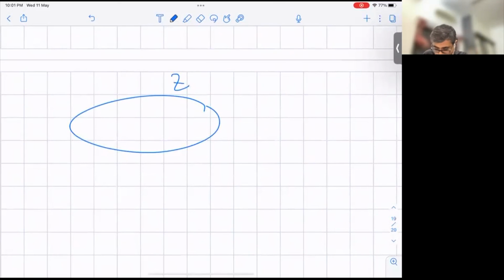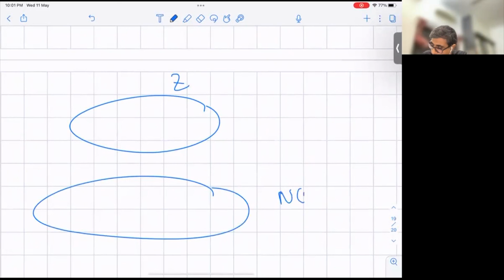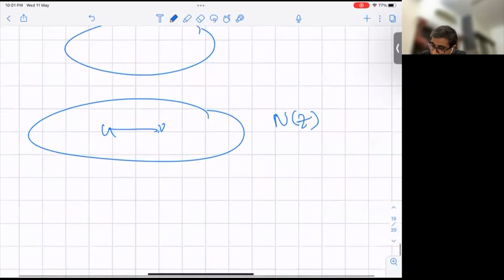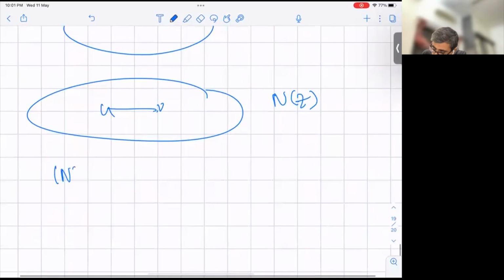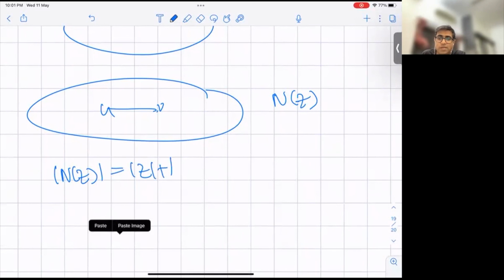Here is the Z, and the neighborhood of Z contains an edge UV. The only thing we need to show is, okay, and that's easy. Let's see why it is easy.